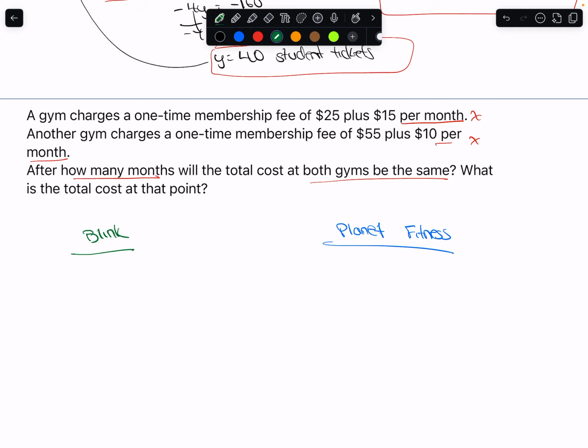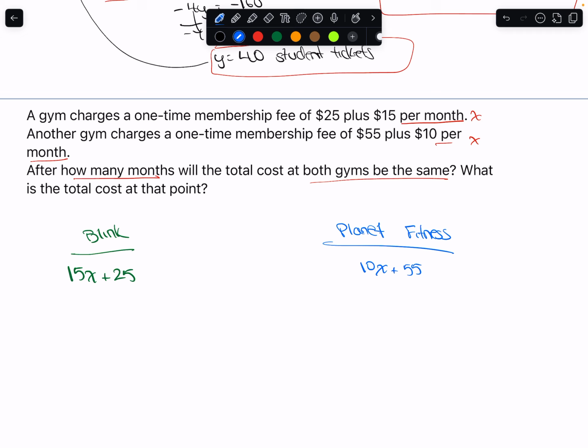So Blink is $15 per month plus $25. This is Blink's rate. The other gym, Planet Fitness, has their rate, and theirs is $10 per month plus $55 for the membership fee. At what point will the months be the same?